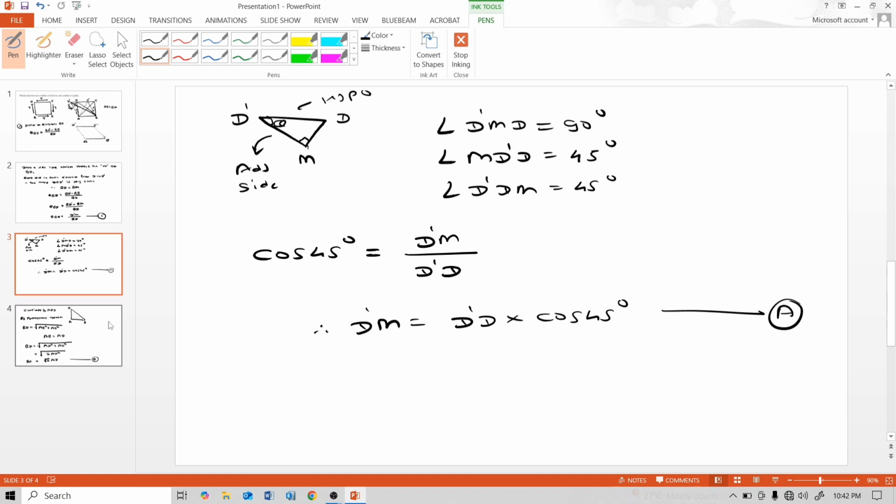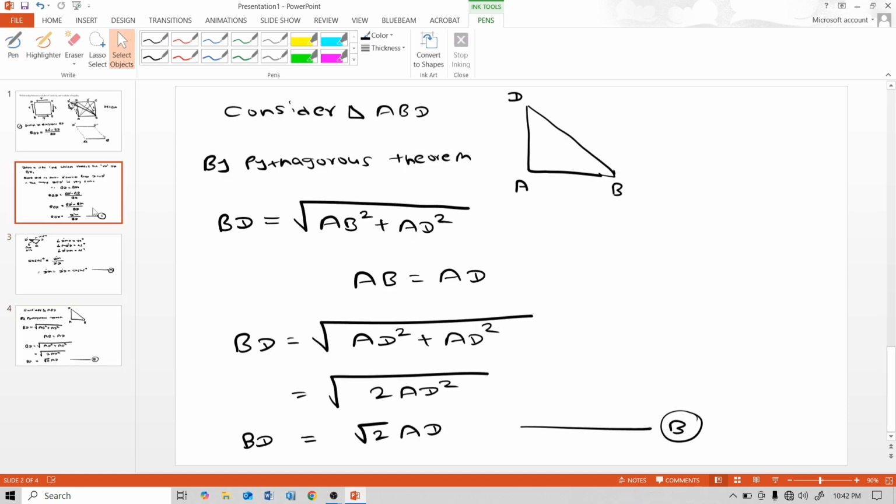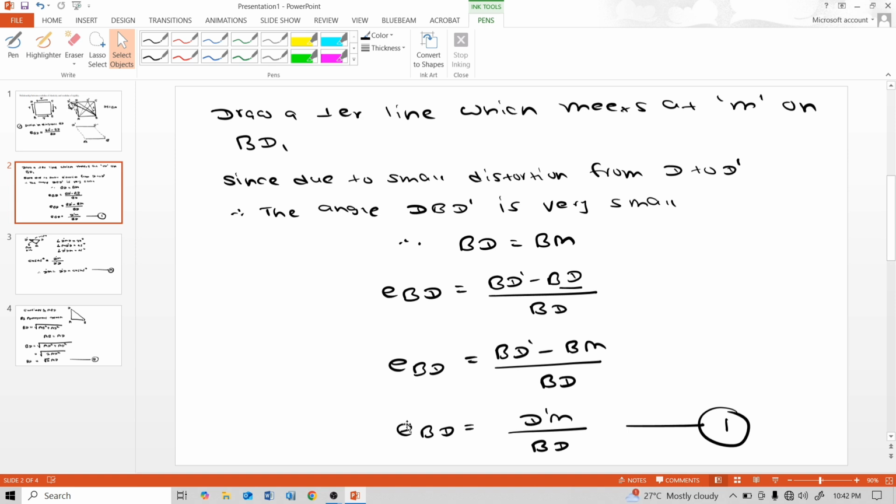Put equation A and equation B in equation 1.